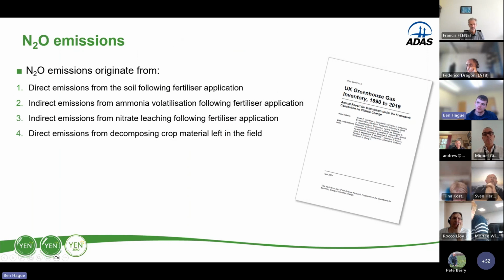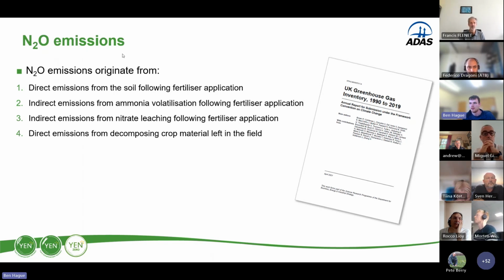So moving on to nitrous oxide emissions, the main source of nitrous oxide emissions is direct emissions from the soil following fertilizer application. This is based on a government report called the UK Greenhouse Gas Inventory, which establishes different sources of carbon emissions across different sectors, including agriculture.